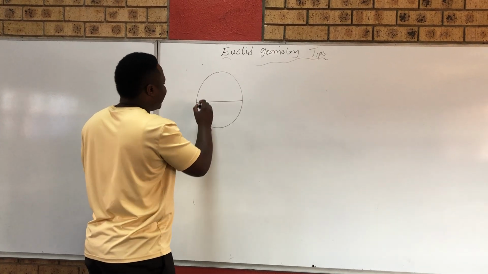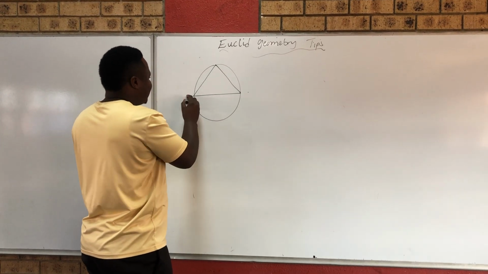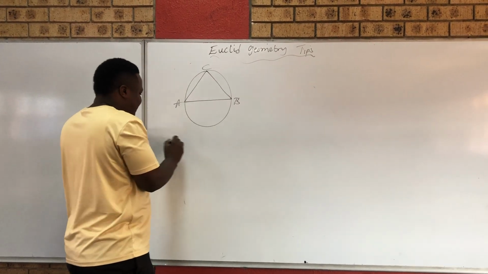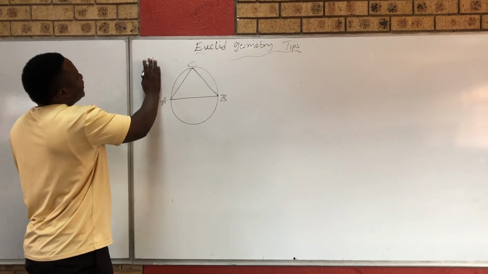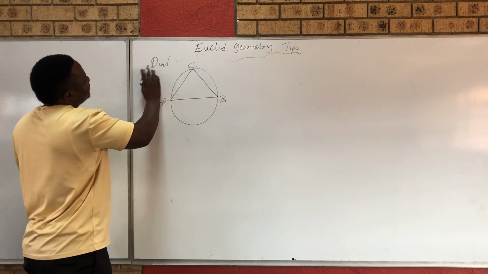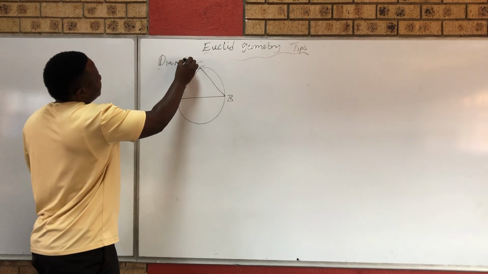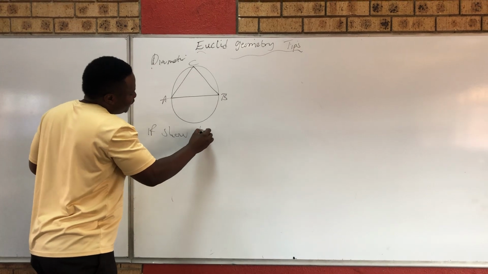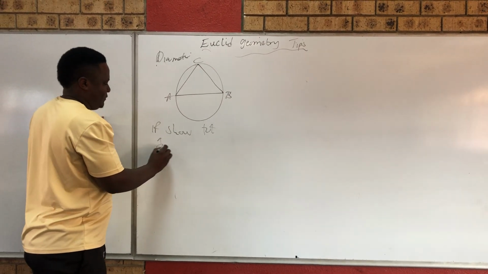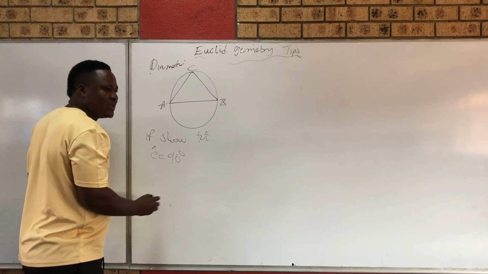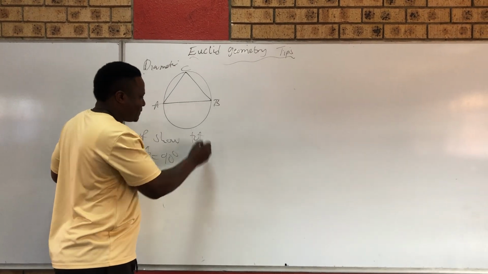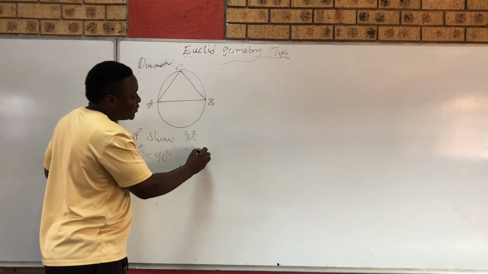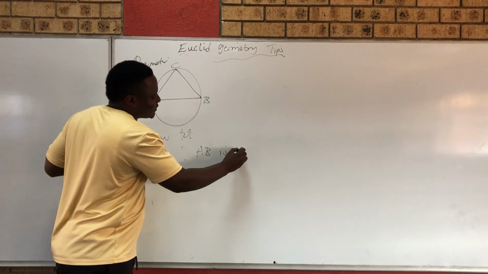When you have a line like this, A, B, C, and they say prove that AB is a diameter, if you show that angle C is 90 degrees, then you can conclude and say, therefore, AB is a diameter.